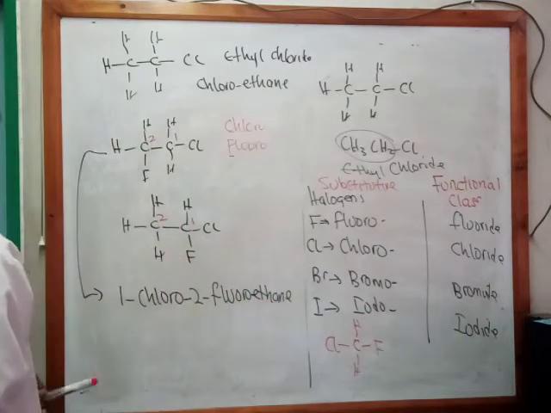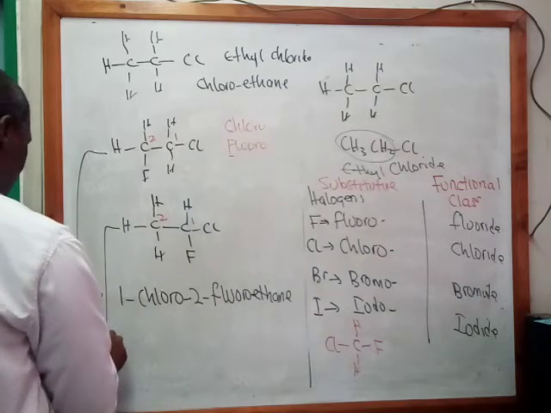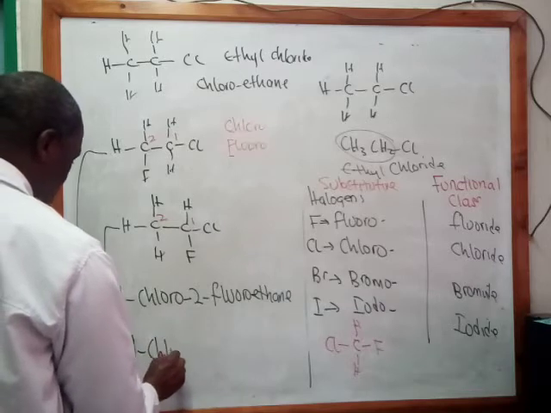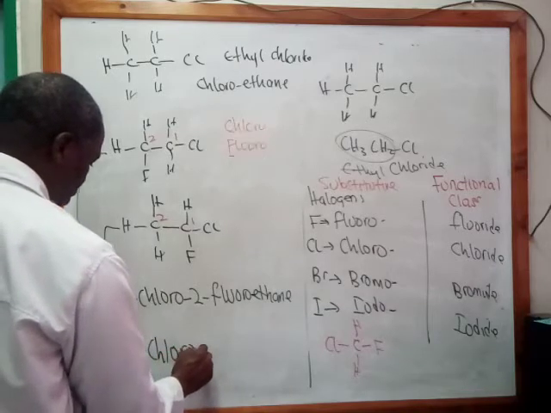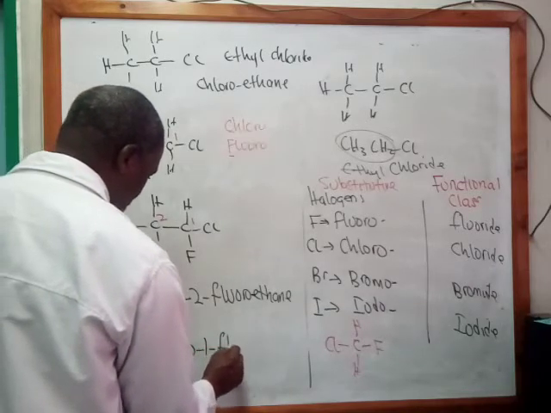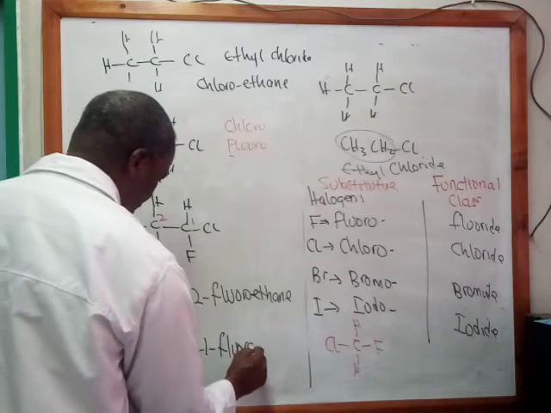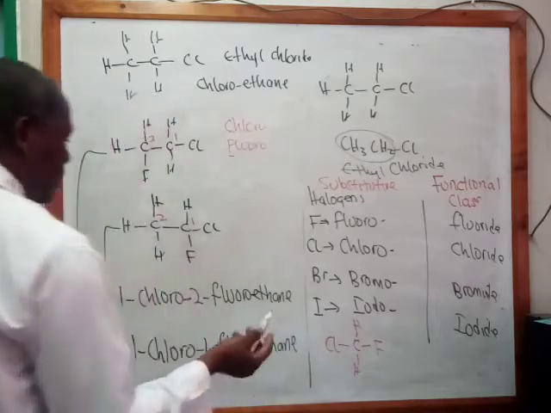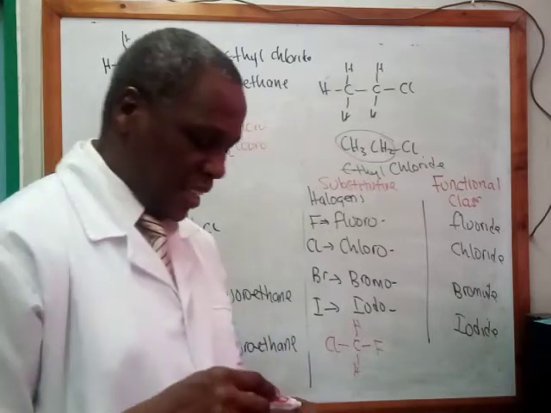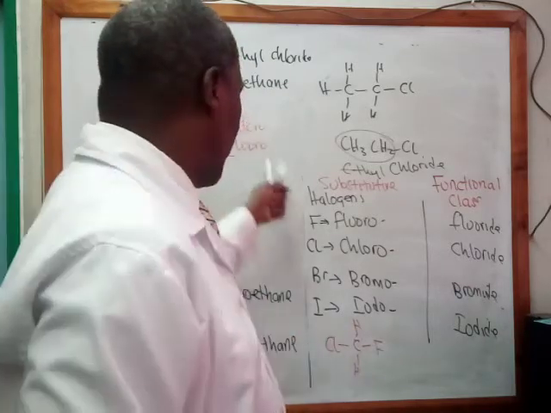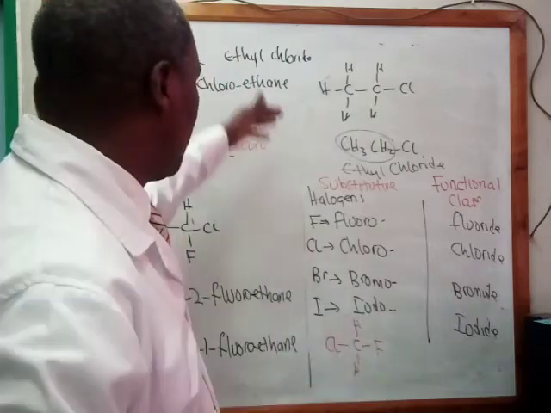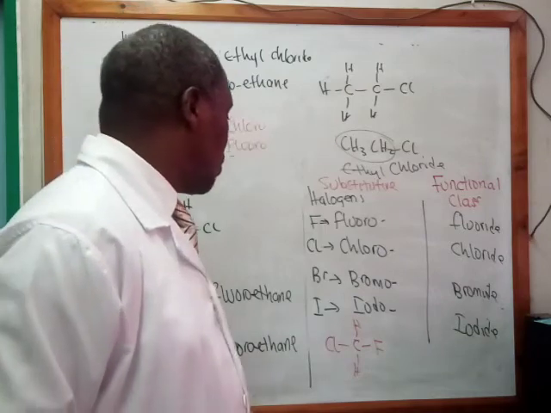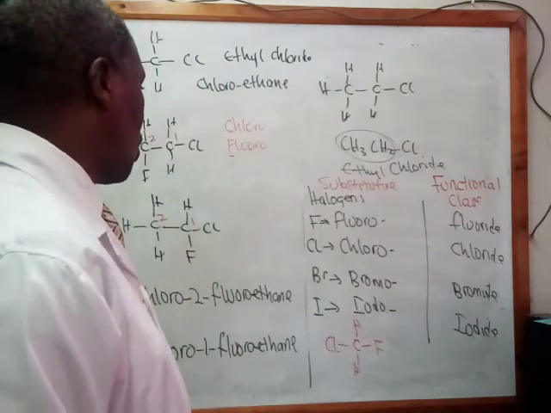All right. How about the second one? It will be 1-chloro-1-fluoroethane. And with that one, you're going to use that nomenclature to go to more complex ones.